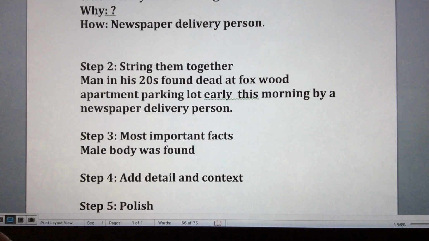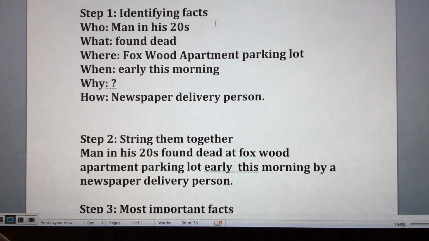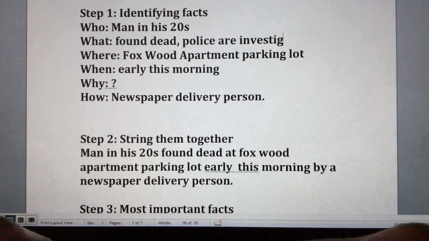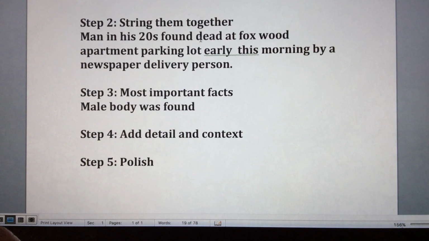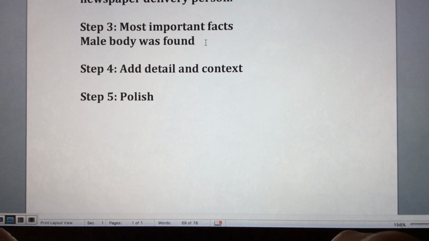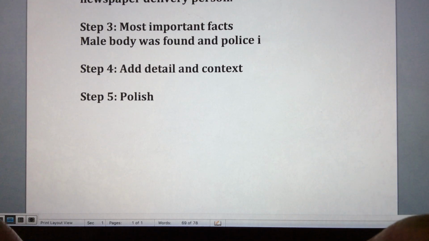So you could go back up there in your identifying facts. What happened? A man was found dead. Police are investigating. And then you could add that back into this sentence where you strung all the facts together. You can add it into male body was found and police are investigating.